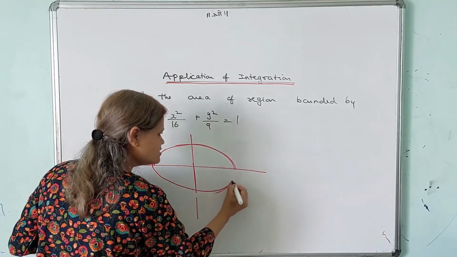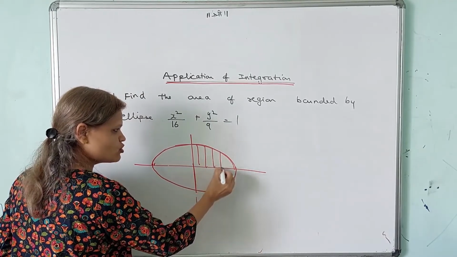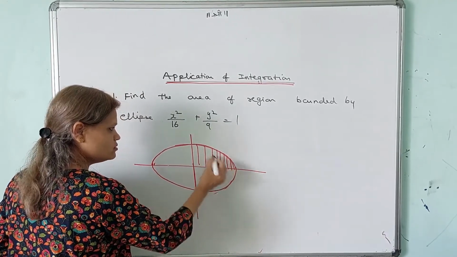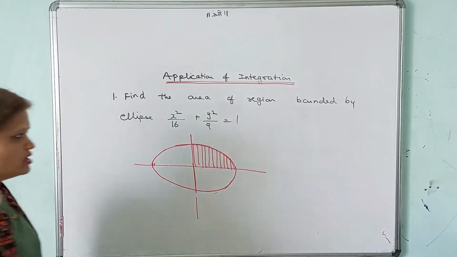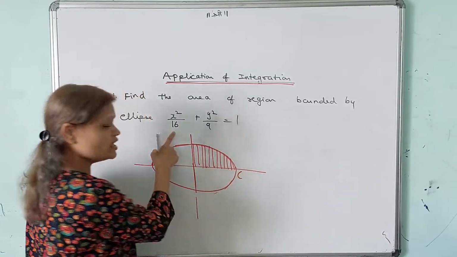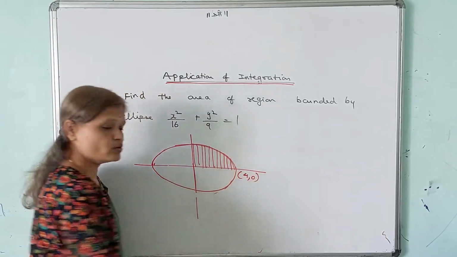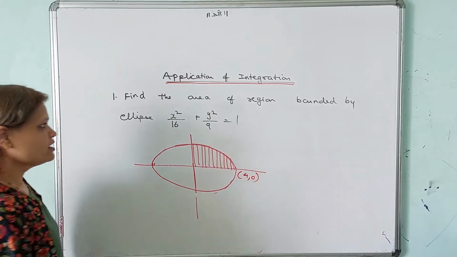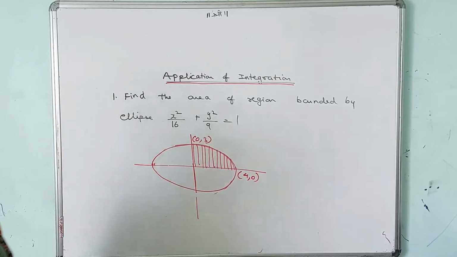For that, as it is symmetric, we will just find the area under this one quadrant, and then we are just going to multiply by 4. Now what are these points? This is a comma 0. A square is 16. So it will be 4 comma 0. A is 4. And this is nothing but 0 comma 3. So anyway, we don't need both.